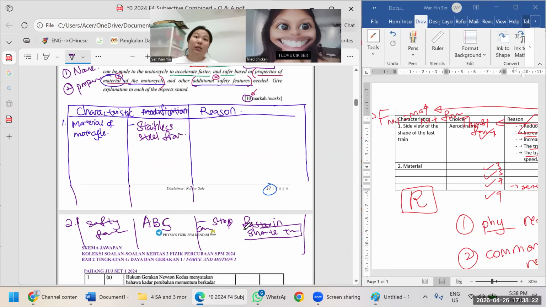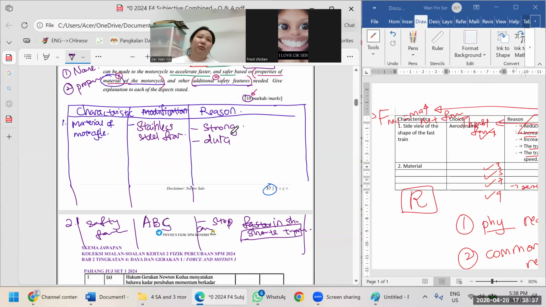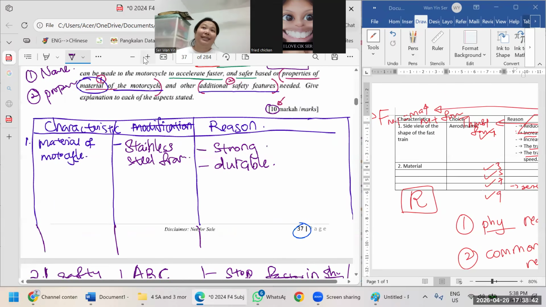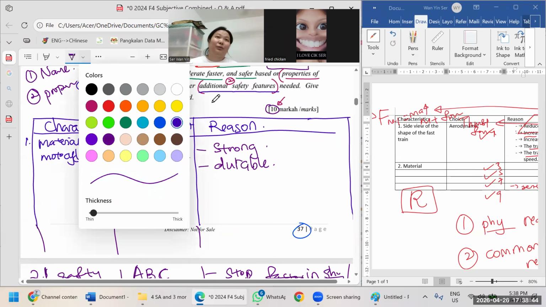You see, physical quantity is mentioned: shorter time. Okay, stainless steel frame, we can say strong. Can I say durable?